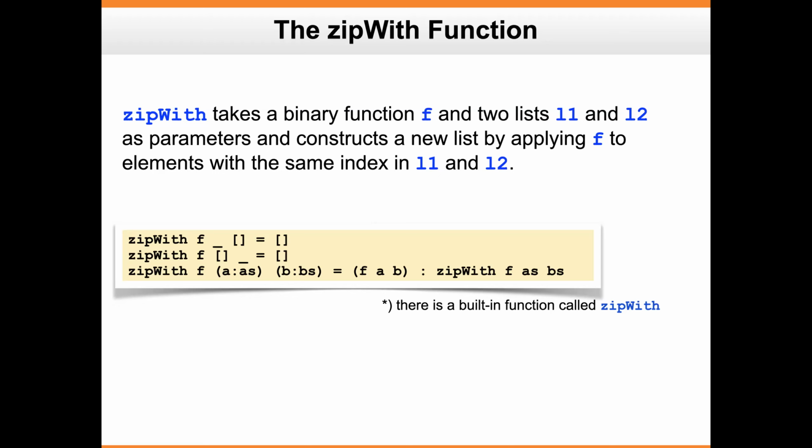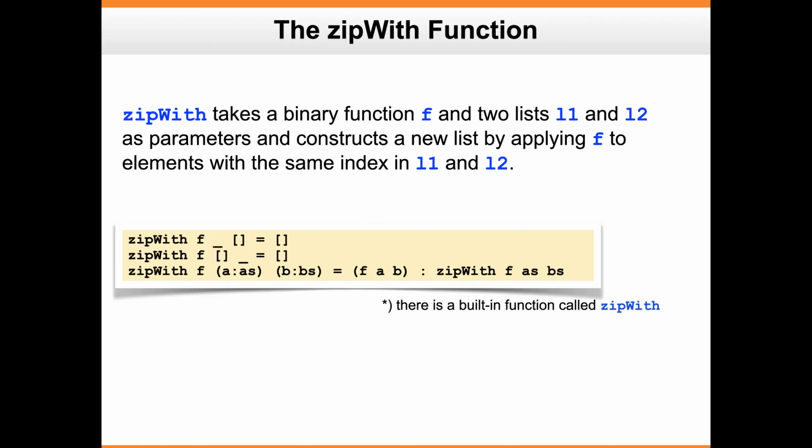So in Haskell and many other functional programming languages, also in Scala, which is a mixture of functional and object-oriented programming language, we have higher order functions, so functions that take other functions as a parameter. Zip with is such a function.